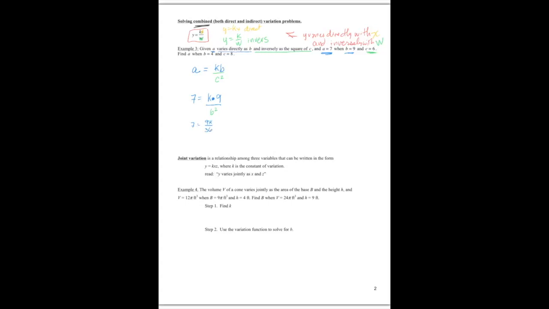Now notice we can simplify further. 9 goes into 9 once, 9 goes into 36 4 times, giving us 7 equals k over 4. If I want to solve for k, I'm just going to multiply both sides of the equation by 4, and I get k equals 28. Now I'm going to substitute that back in to get my variation function. So A equals 28, varies directly with B and inversely with the square of C. Here is your variation function.